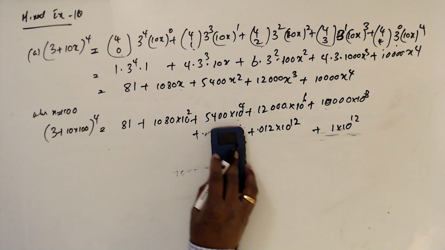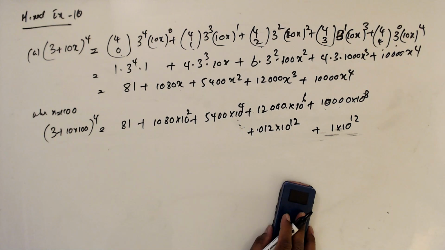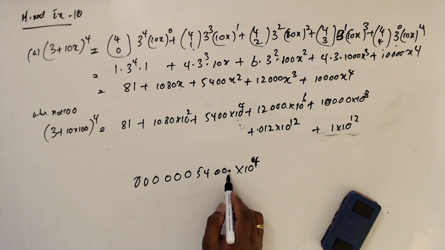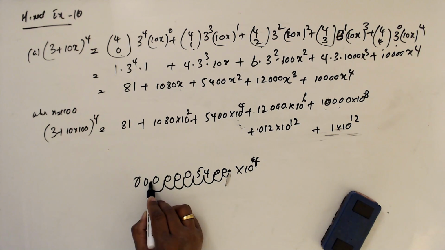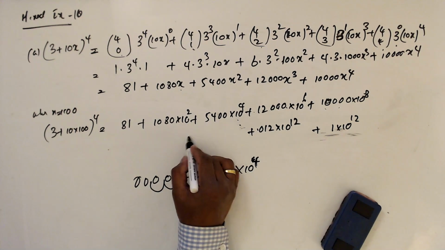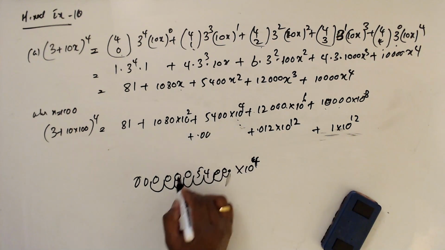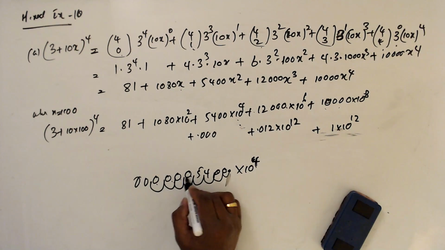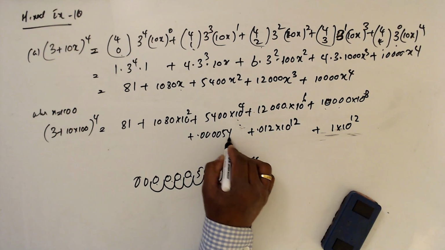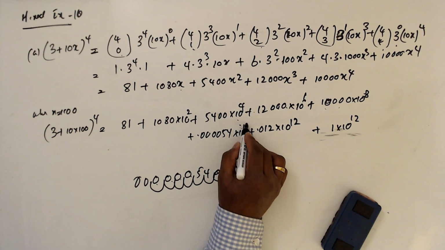I need to rework this one. So this is 0.001234 times 10 to the power 12.